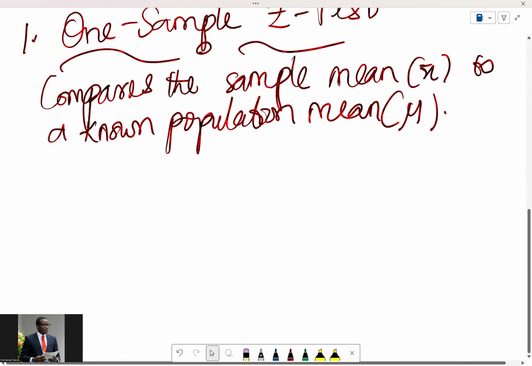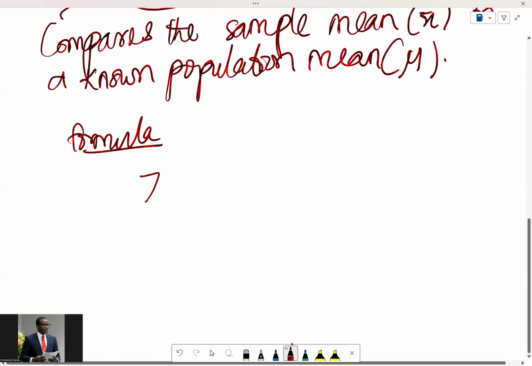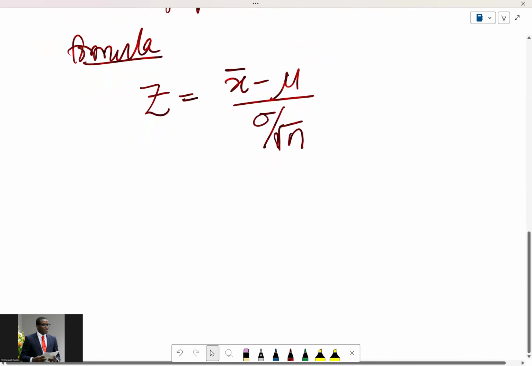Okay. So the formula is this: Z equals X bar minus mu divided by sigma all over square root of n, which is the sample size.